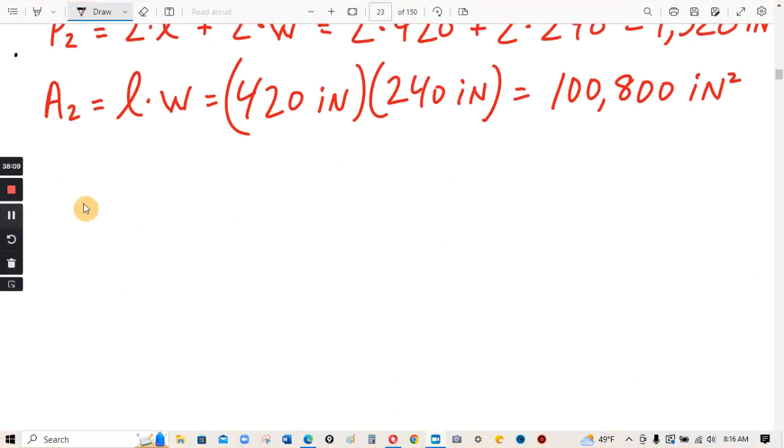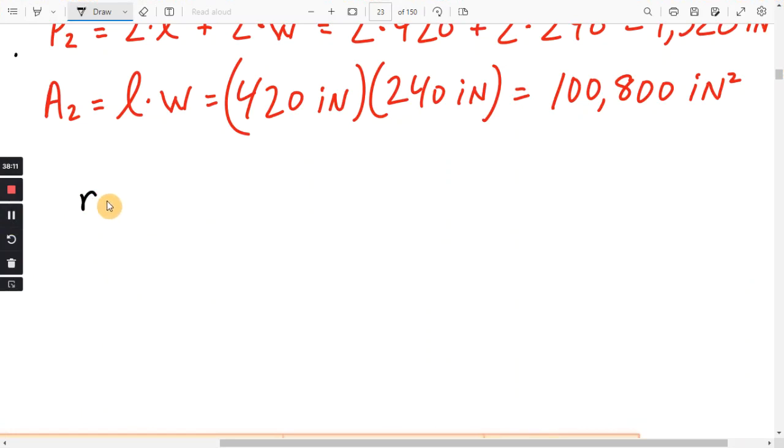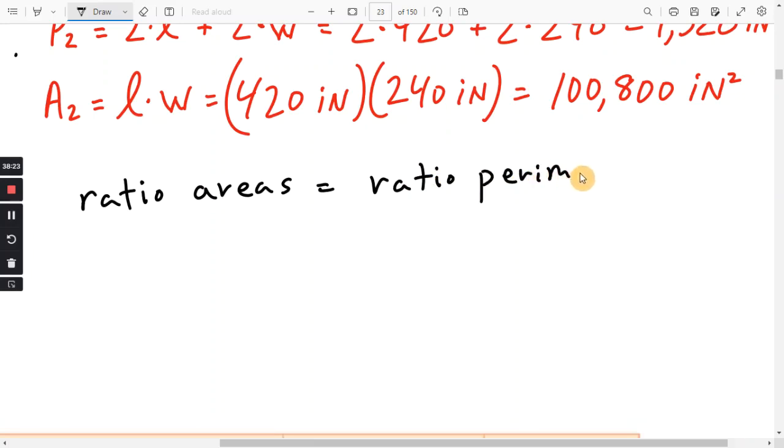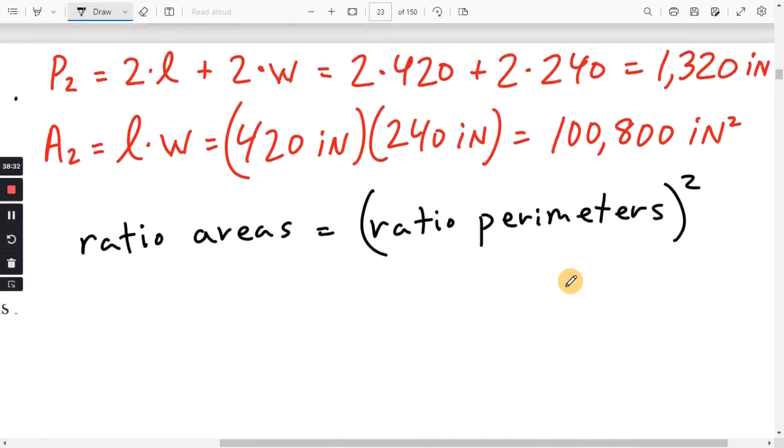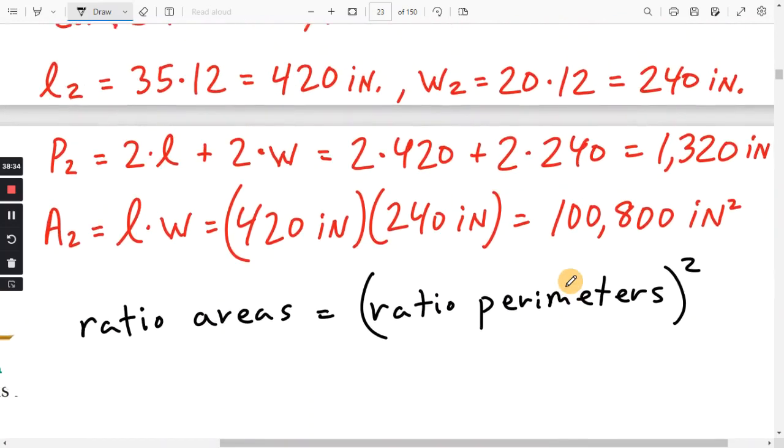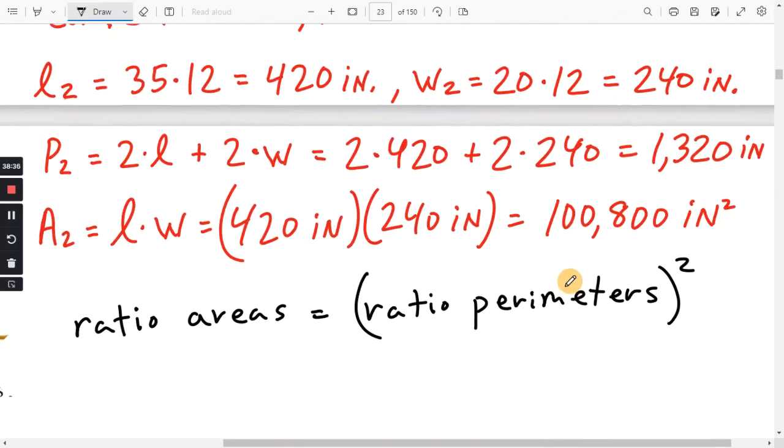So we know that the ratio of the areas equals the ratio of the perimeters squared. All right. So the ratio of the perimeters, let's see.